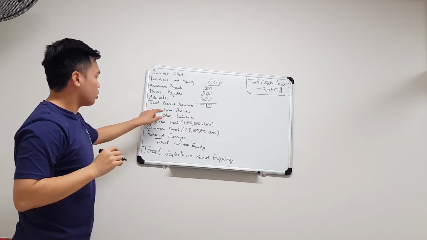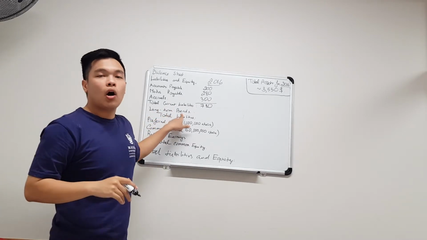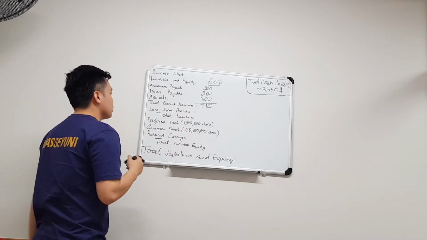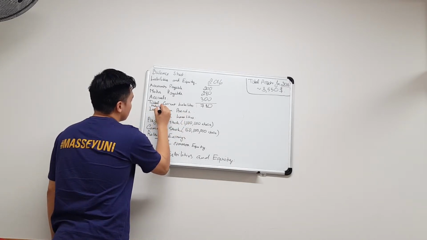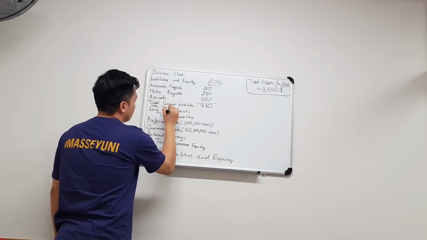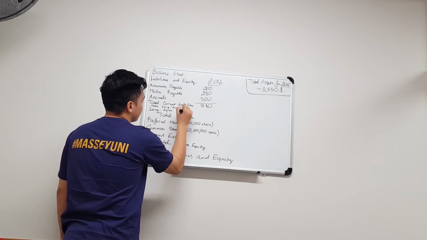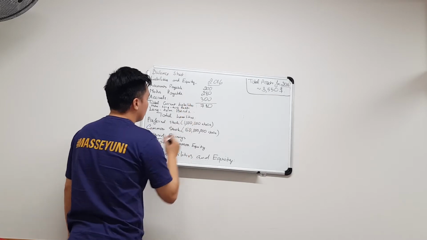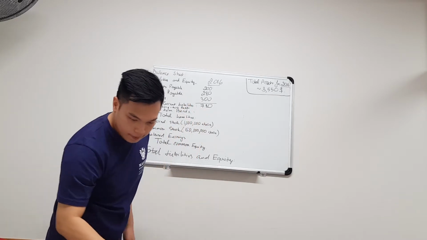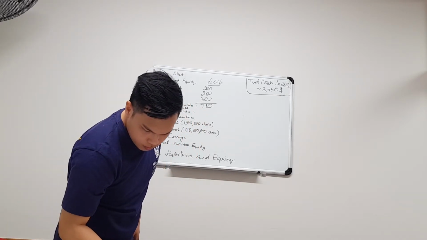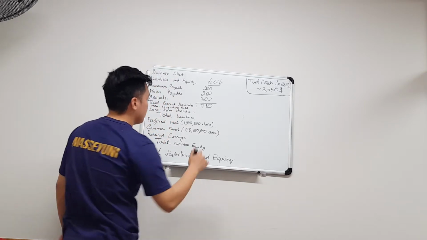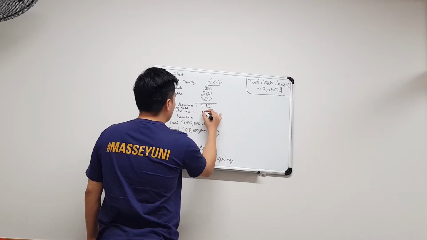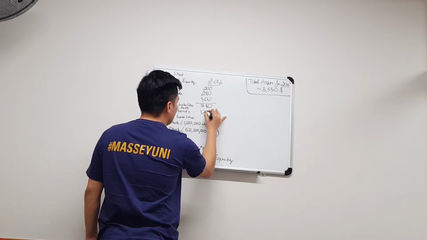So this one, a long-term bond, is long-term debt. We can take a note here: this one is long-term debt. The long-term bond we have is $1,200.